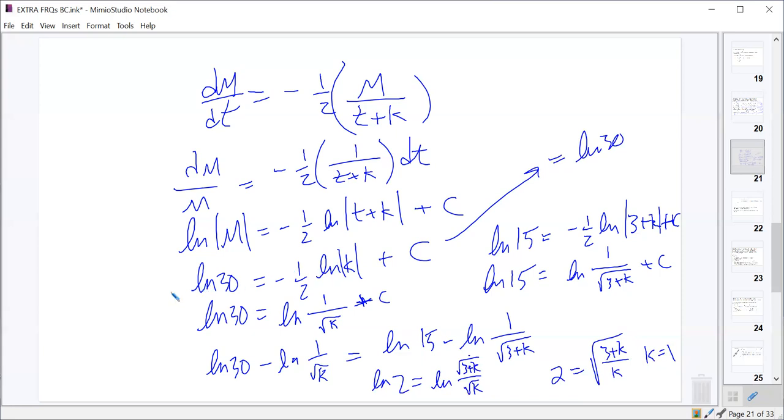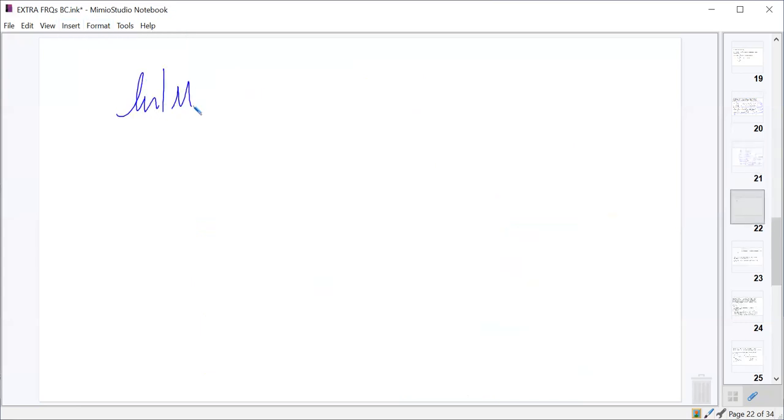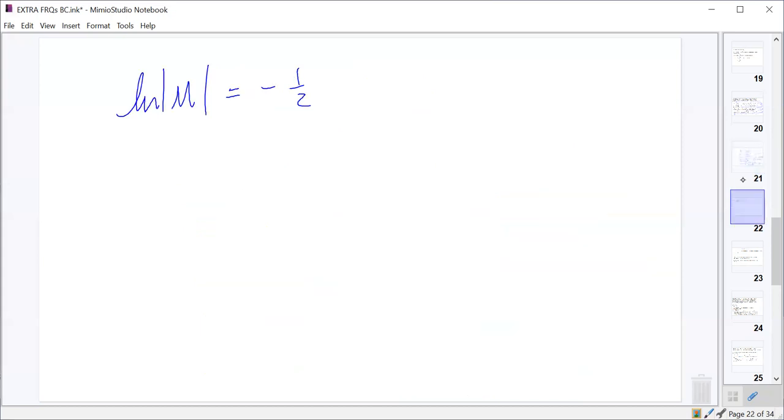So our final thing that we're going to look at here is natural log of absolute value of n is equal to negative 1/2 natural log of t plus 1 plus ln 30.